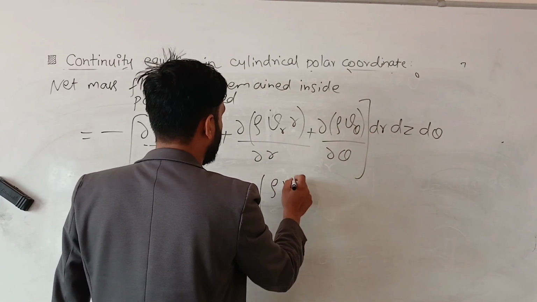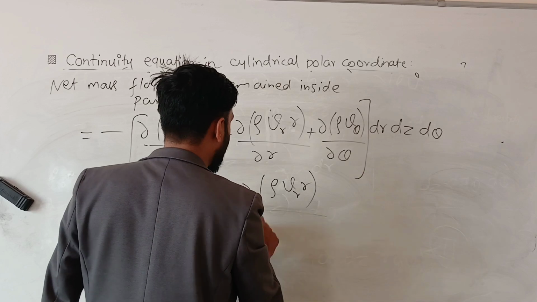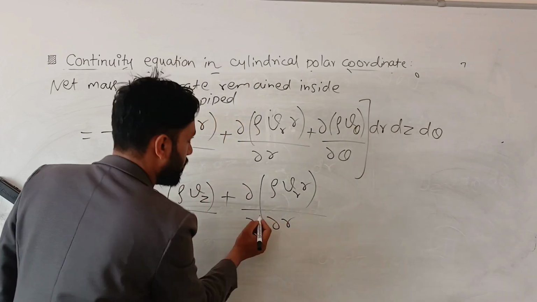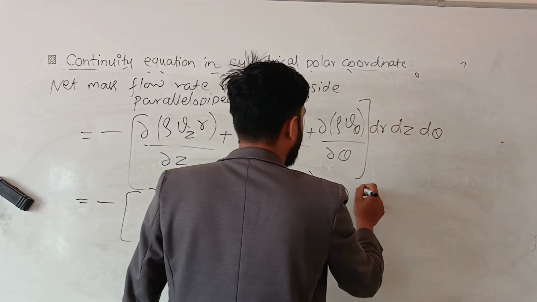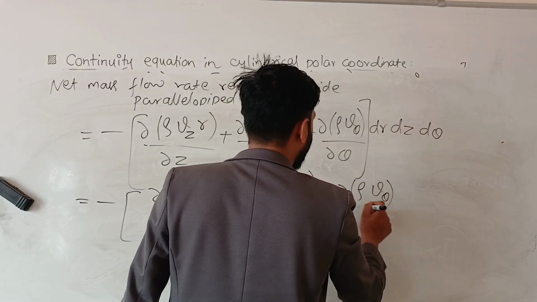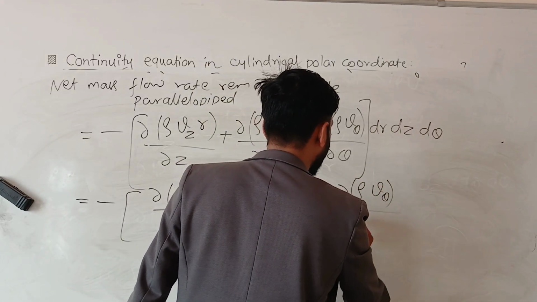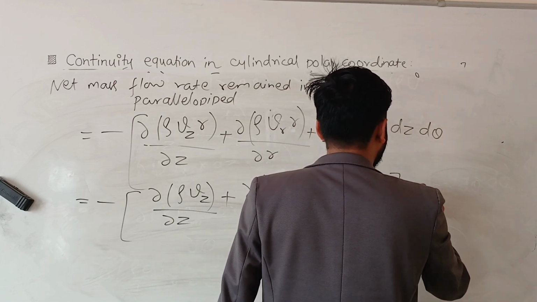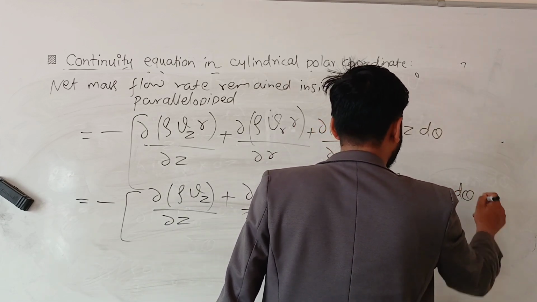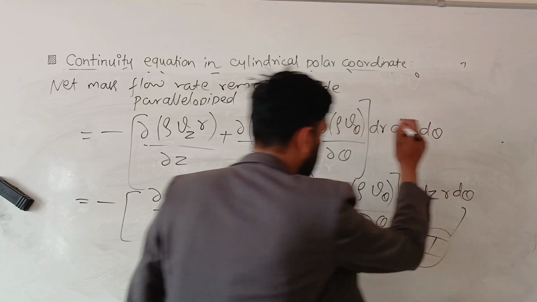So del rho Vr into r divided by r del r, because I have just put this r here since I have taken r common. So del rho V theta by r del theta, and the common is dr dz r d theta, and let's make this equation number 1.